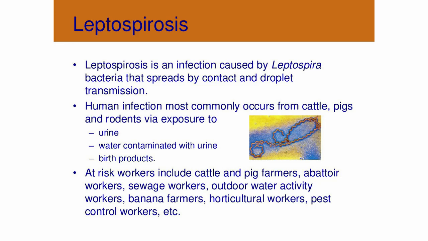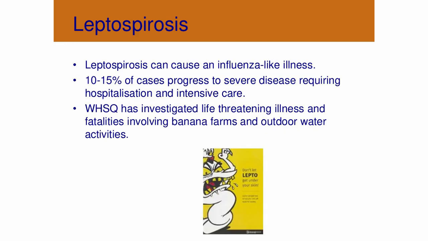So what does leptospirosis do? Well, it causes an influenza-like illness, which in some people can be quite severe. About 10 to 15% of people progress to severe disease requiring hospitalization and often intensive care.